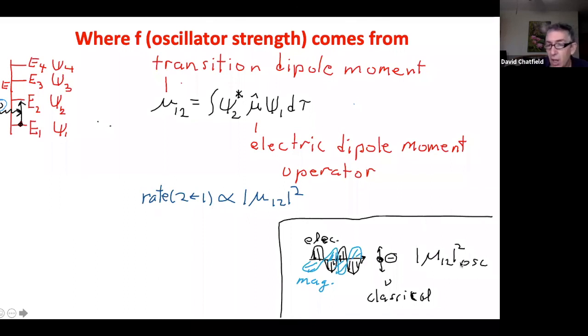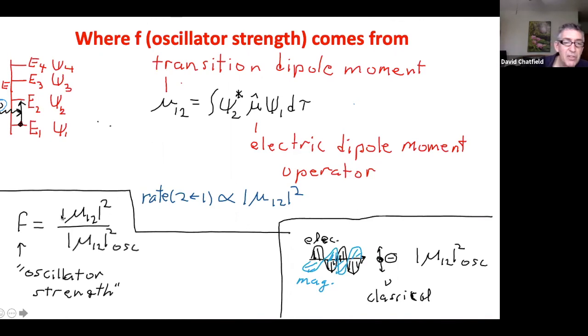So we're going to call this a little OSC in the subscript below. That's for this oscillating electron. That's a classical reference. And now we can define F. F is defined as this ratio of your actual transition dipole moment modulus squared for your actual molecule, divided by the transition dipole moment square modulus for this classically oscillating electron absorbing light of the same frequency as your molecule.